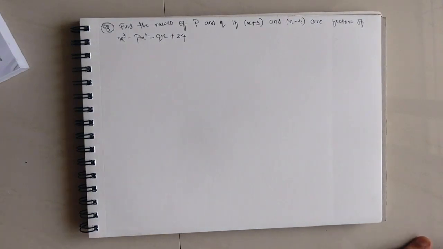Find the values of P and Q if x plus 3 and x minus 4 are the factors of x cube minus px square minus qx plus 24.